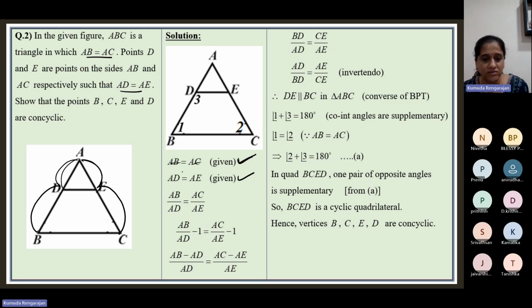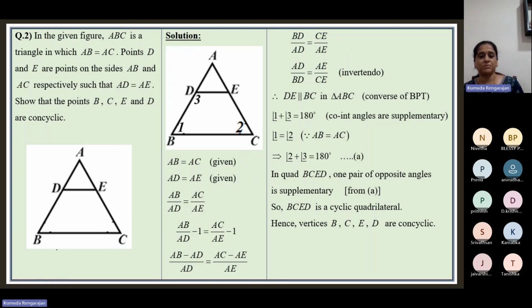Now divide one by the other. So you get AB by AD equals AC by AE. What you want is in the denominator; what you don't want is in the numerator. Now subtract one on both sides, take reciprocals on both the sides and you get the required proportion.